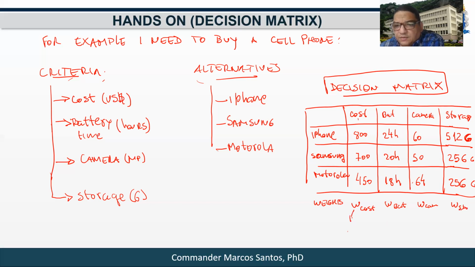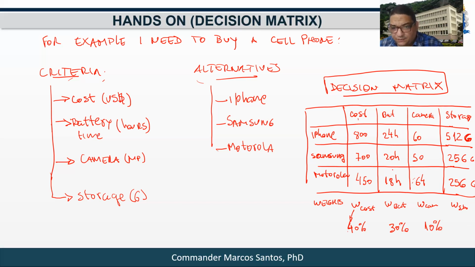So for instance, I can say cost 4%, battery 30%, camera 10%, and the storage 4%. Look, here, pay attention. The sum has to be 100.